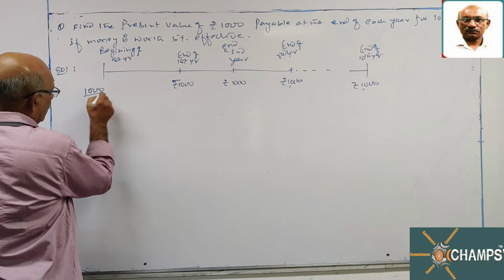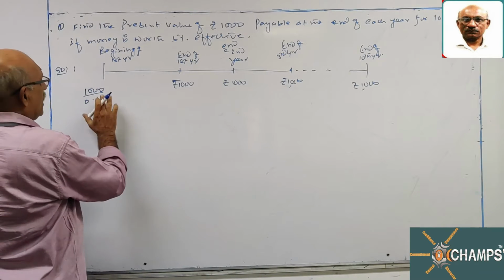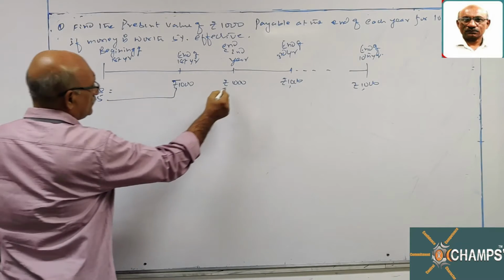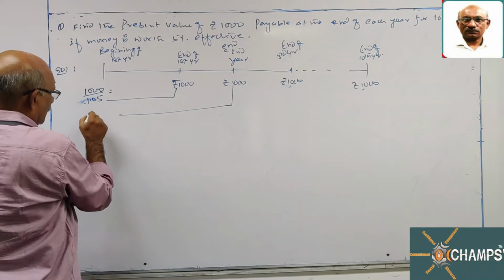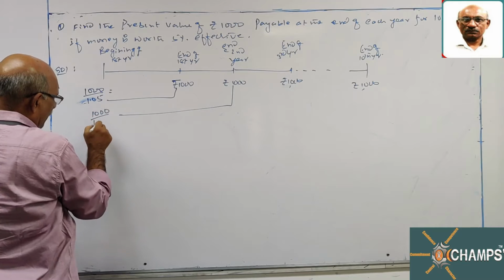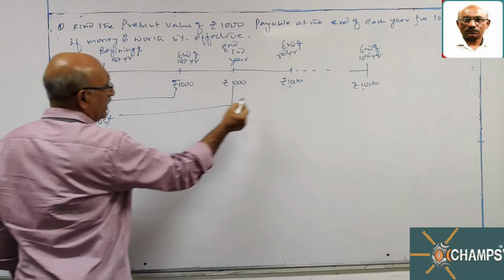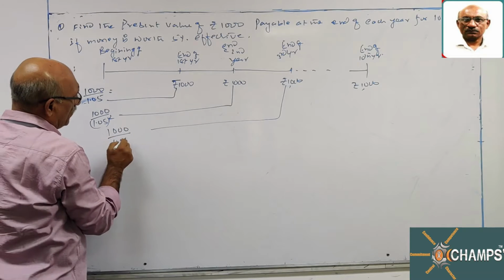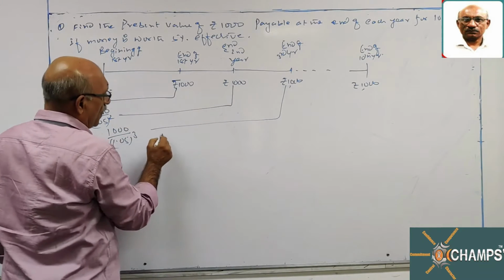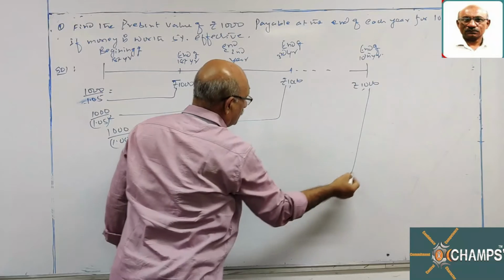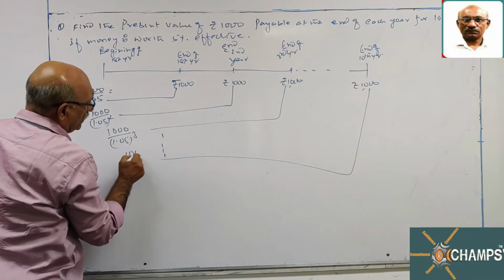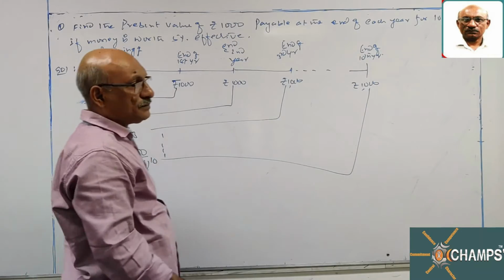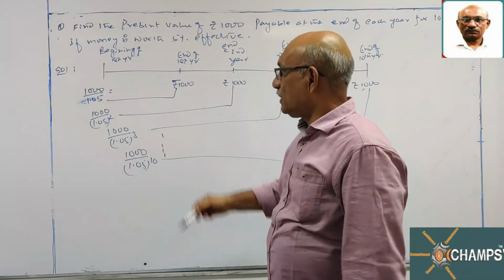This is 1000 divided by 1.05, 1000 divided by 1.05 whole square, 1000 divided by 1.05 whole cube, etc., 1000 divided by 1.05 whole power 10. 10 payments are there.